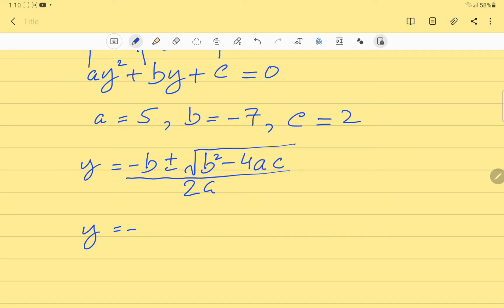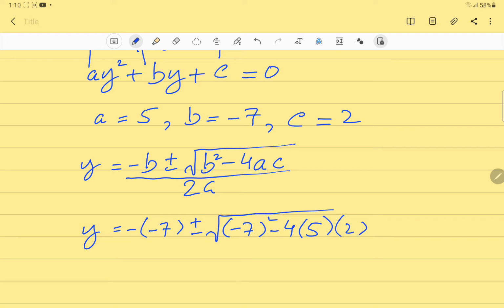So y is equal to minus into minus 7 plus minus square root of square of minus 7 minus 4 into a's value 5 and c's value 2 over 2 into 5.